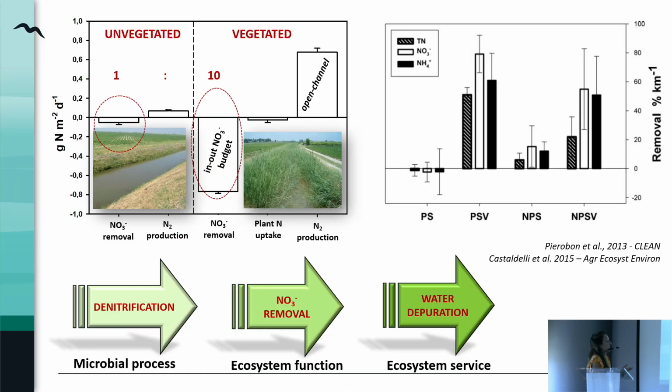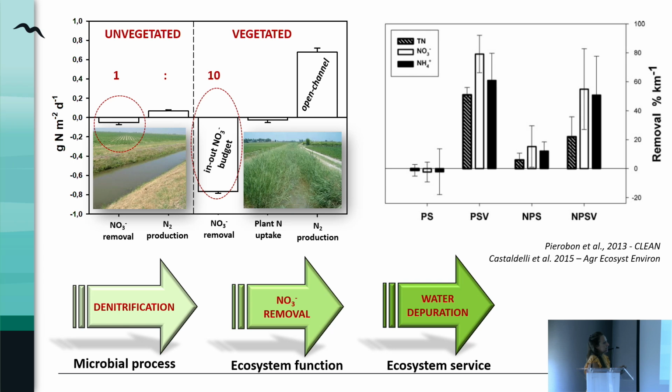These are the results. In a huge number of canals, we obtained a very good correlation between the nitrate that was removed and the N2 that was produced. And it is a very important result, because denitrification is one of the few processes that removes nitrate completely, converting it to N2.